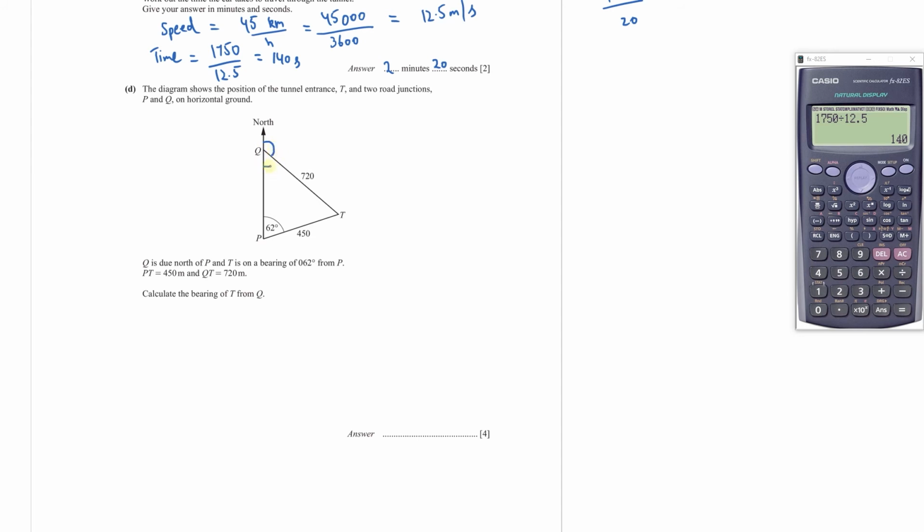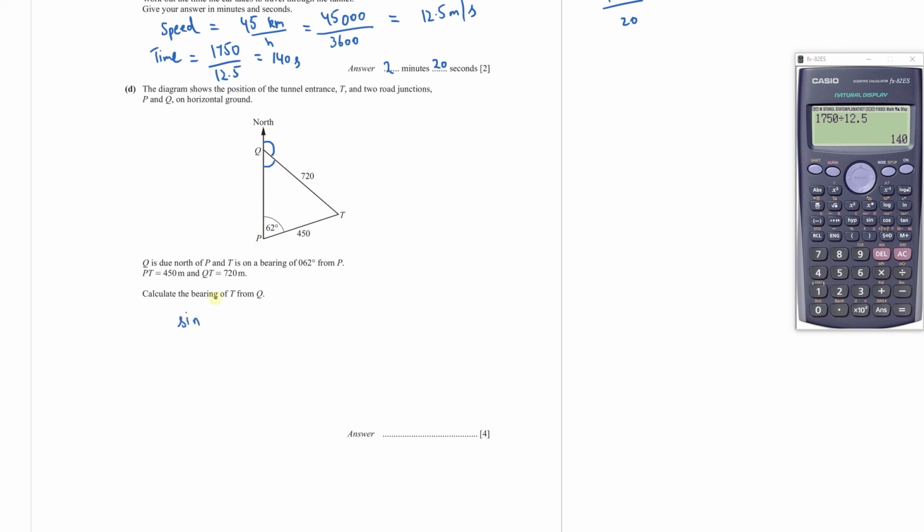And we can find this angle using the sine rule for this triangle PQT. And if we know this angle, we know that this full angle is 180. So this bearing will be 180 minus this angle PQT. So let's use the sine rule.